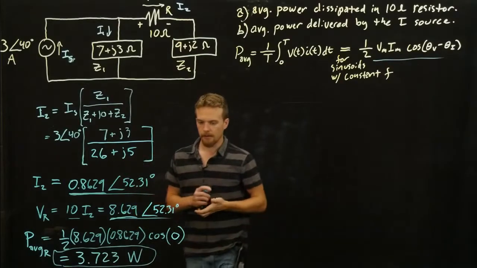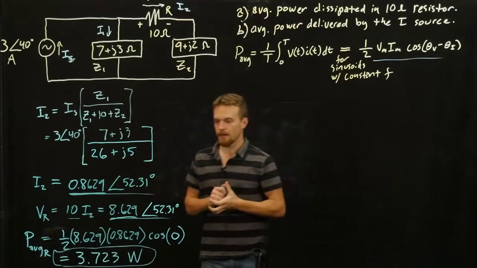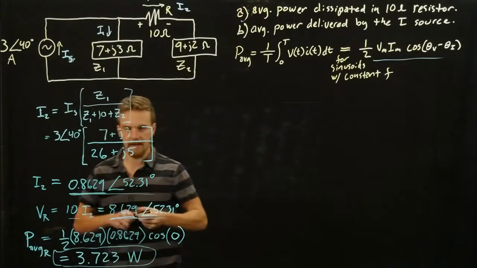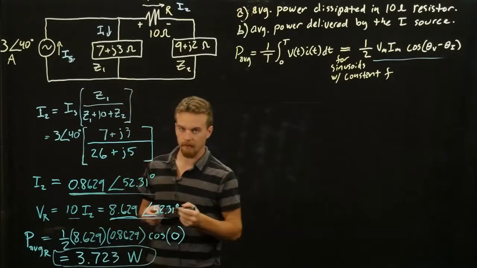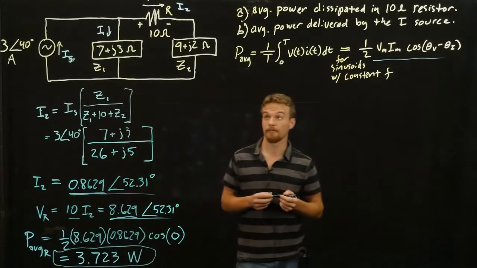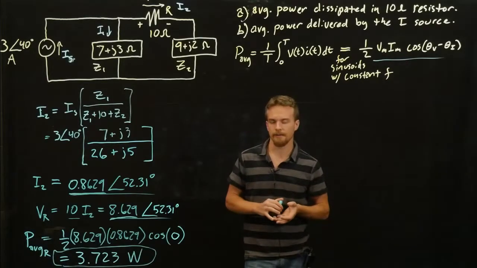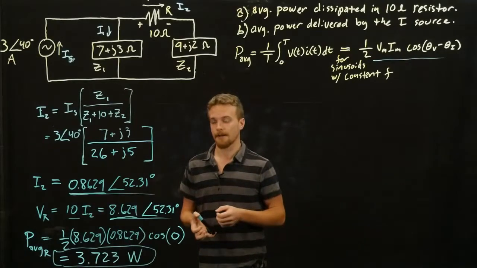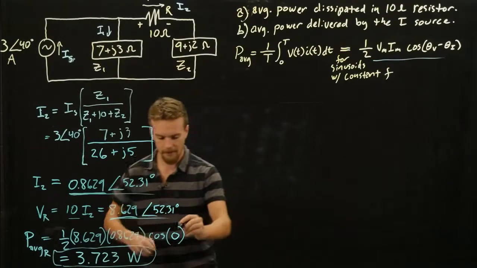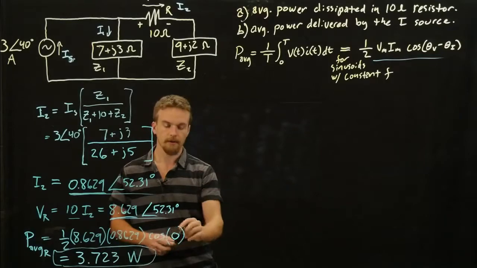Something interesting we can see from this: when two phasors have the same angle, we say they're in phase. So the current through a resistor is always going to be in phase with the voltage across it, and so this term right here will always be cosine of 0.